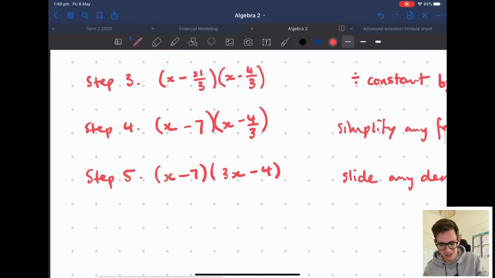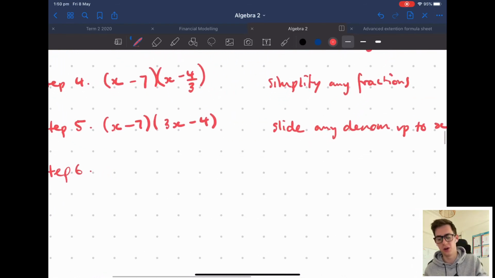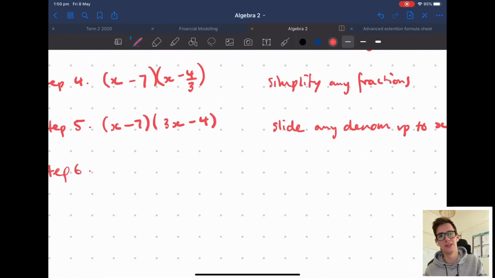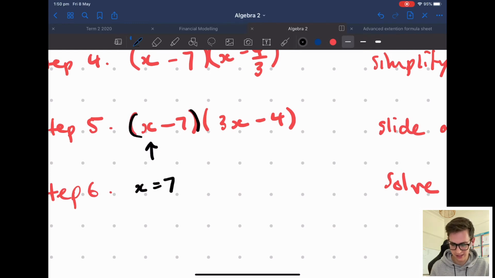Oh, it's gross. Finally, step 6, if we would take this a little bit further, okay, this is for solving. So right now, factorizing is fine, but if you were going to solve it, it'd still make bracket equals 0. So for this bracket here, that must be 7, because that makes that bracket equal to 0.